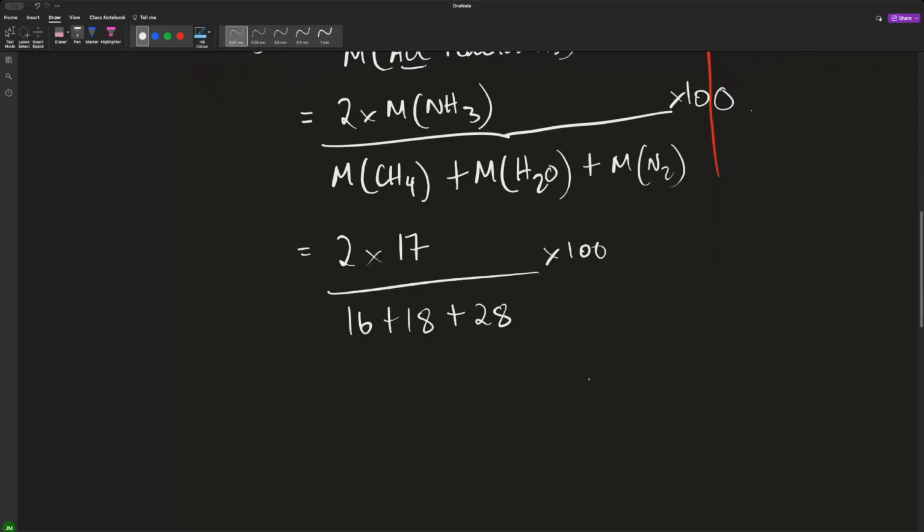Just give me a moment while I calculate this. That's 54.8%. 54.8% atom economy.